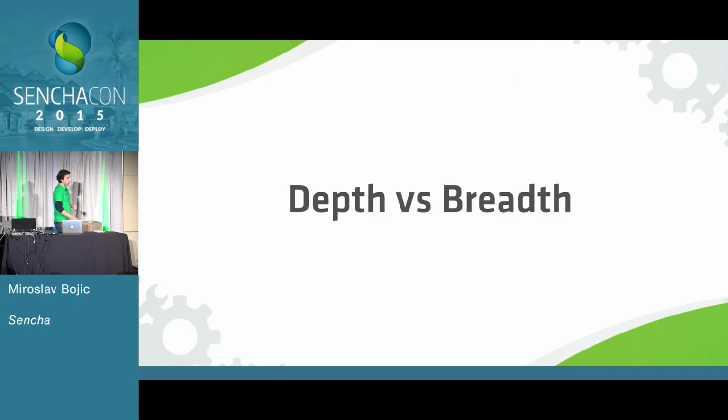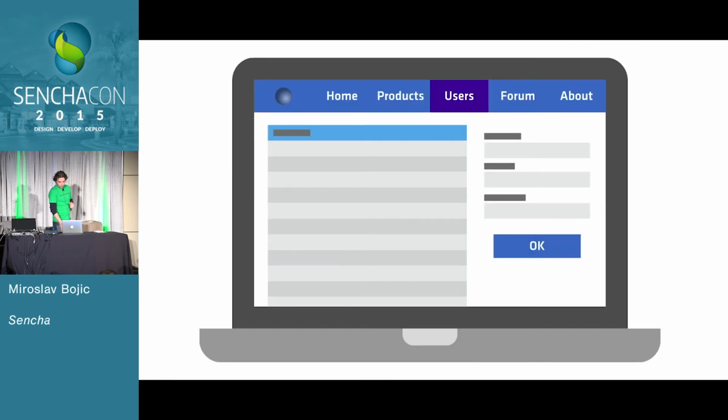So I already kind of mentioned this. One of the big differences between designing for a mobile device versus a desktop device is that your interface is going to have more depth on mobile generally, and it will be more broad, more wide on desktop. So your application on a desktop might look something like this.